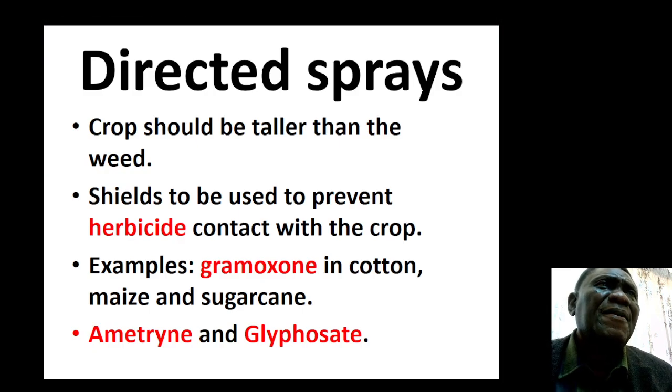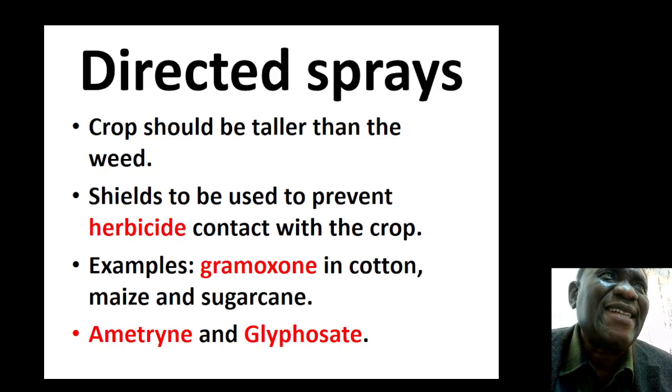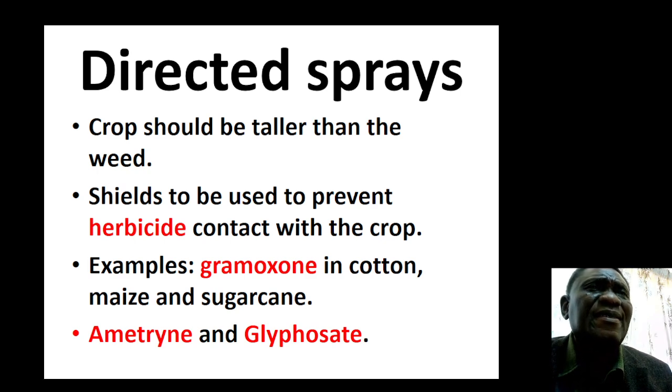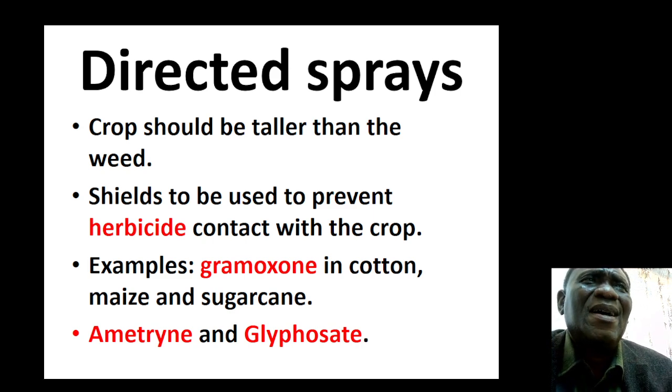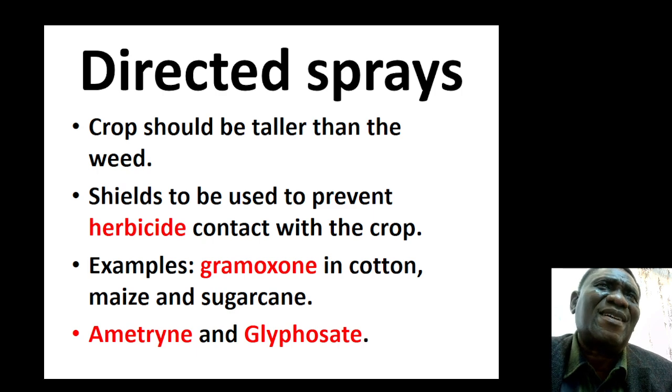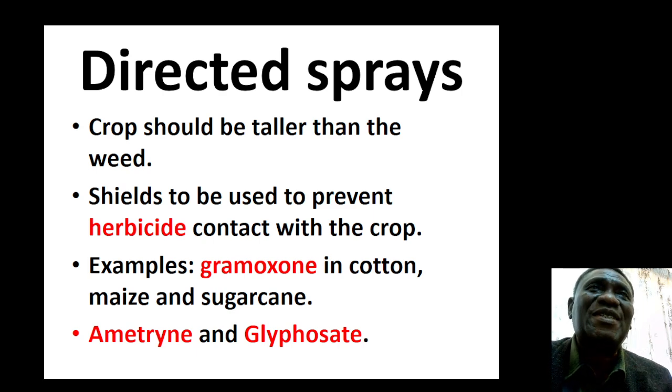So for directed sprays to work properly, the crop should be taller than the weed. Shields are to be used to prevent herbicide from being in contact with the crop. Examples, we can use Gramoxone, which is potentially harmful to cotton and maize or sugarcane.